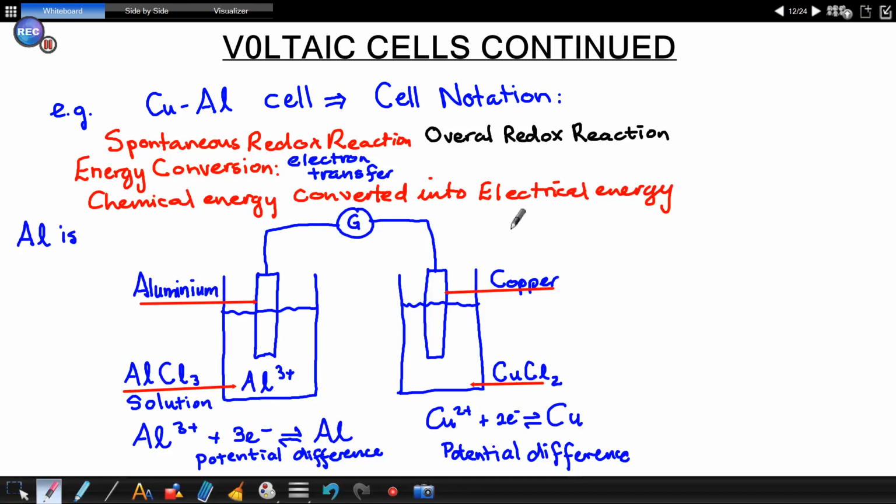Copper is a reducing agent. Which one's the stronger reducing agent? No, don't guess. Take that table of reduction potentials and look which one is the stronger reducing agent. Aluminium. Aluminium is a stronger reducing agent.